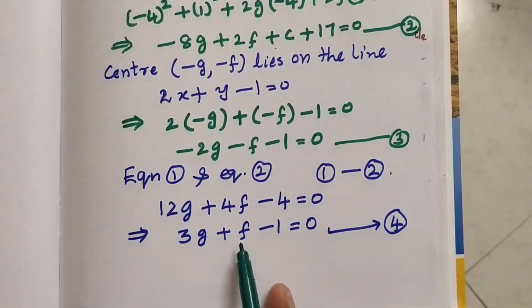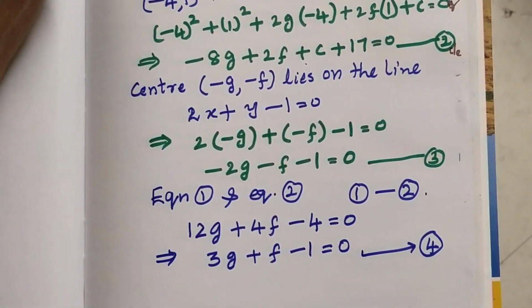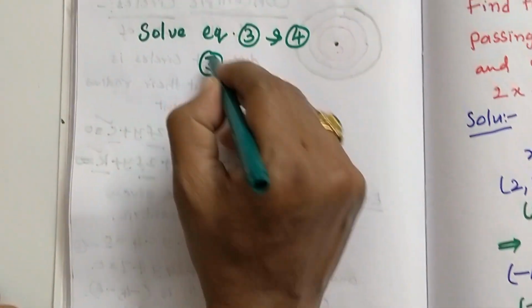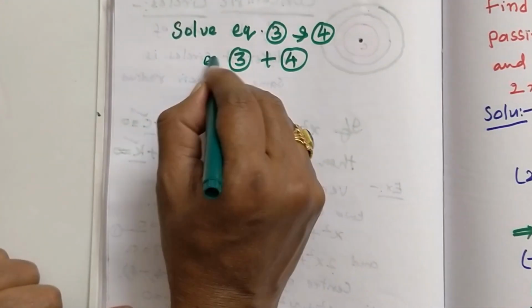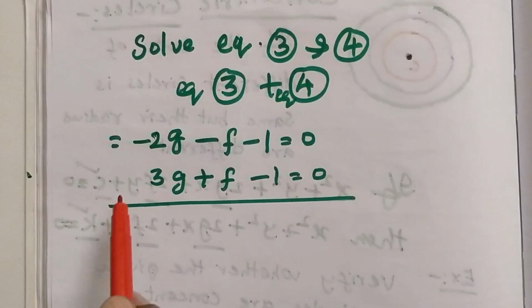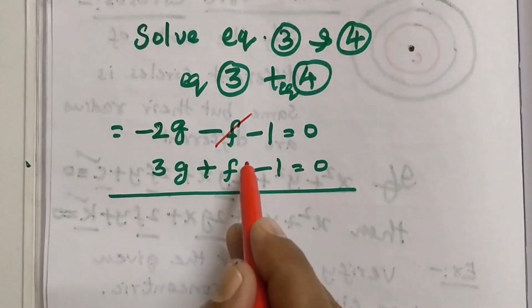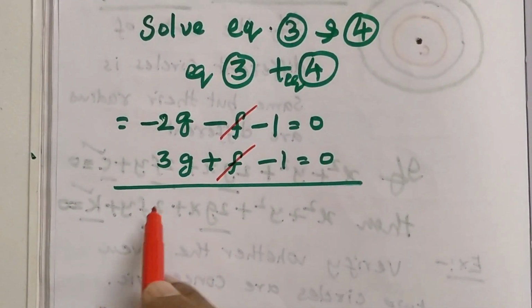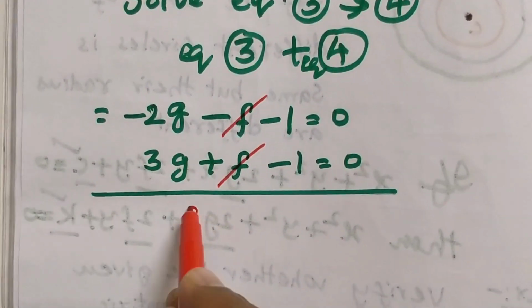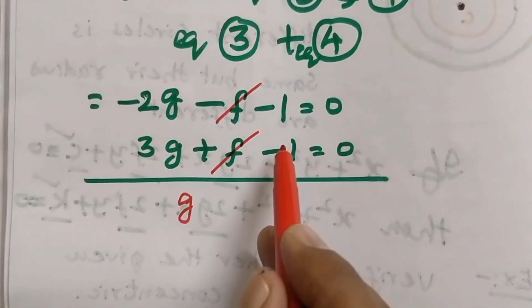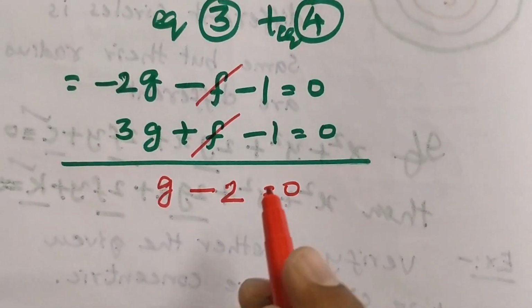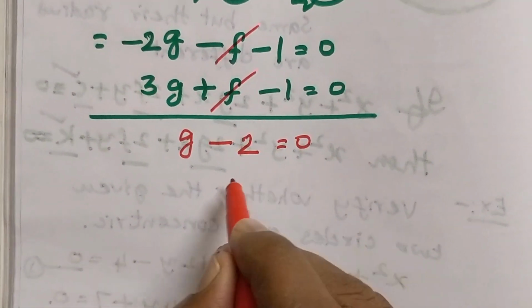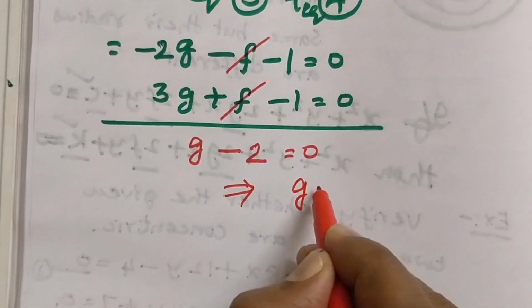That is equation 3 plus equation 4 will give us, then minus f and this plus f get cancelled. 3g minus 2g is g. Minus 1 and minus 1 you get minus 2 is equal to 0. This gives us g is equal to 2. This is g is equal to 2.